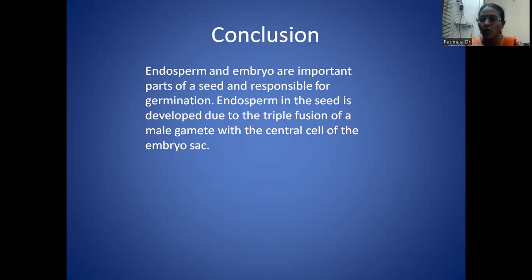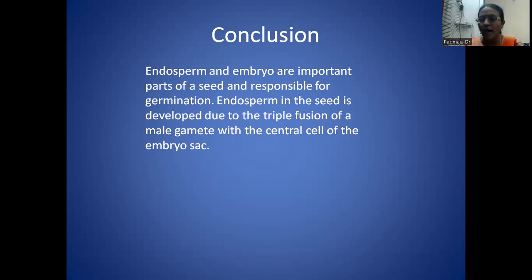For that total journey, the endosperm provides the food for the developing embryos. The endosperm in the seed develops due to the triple fusion of a male gamete with the central cell of the embryo sac. Today in our topic, we completed endosperm and polyembryony, and the endosperm's main function is nutritive. There are different types of endosperms.